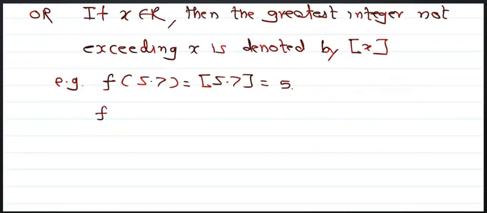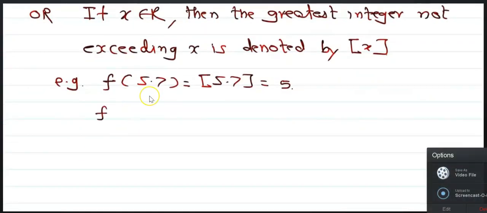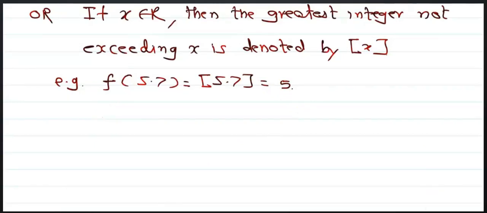For example, if we take f of 5.7, then its value is equal to 5. That is, we take the integer and not the fraction.